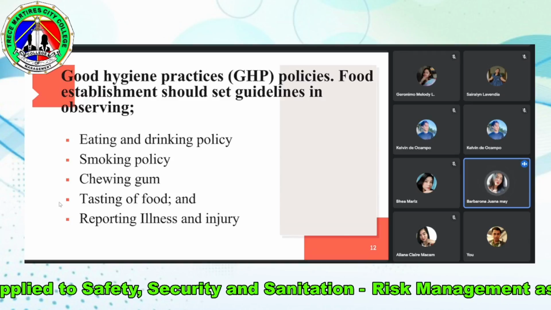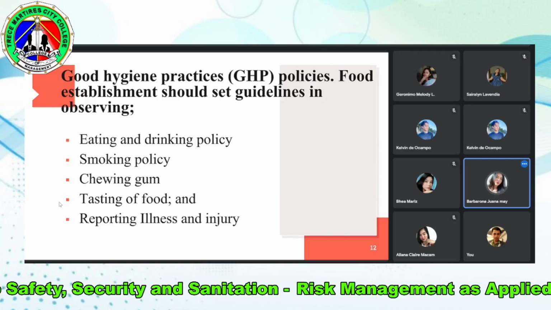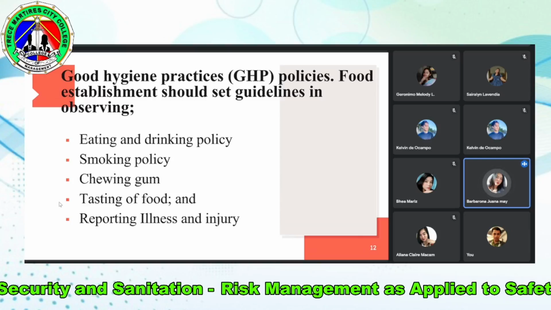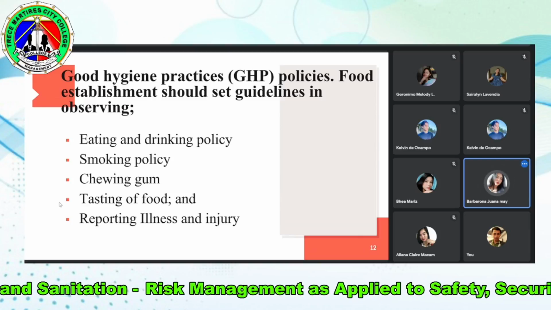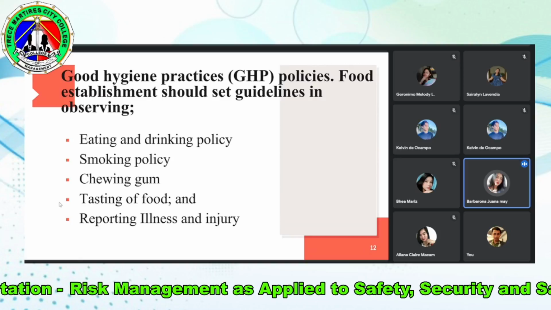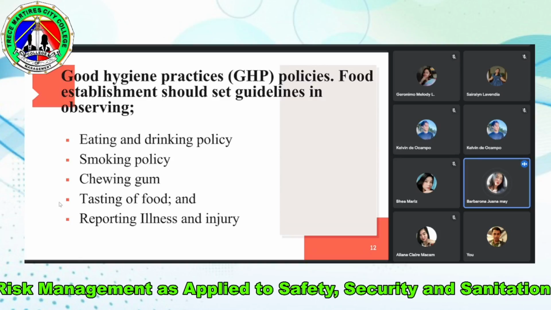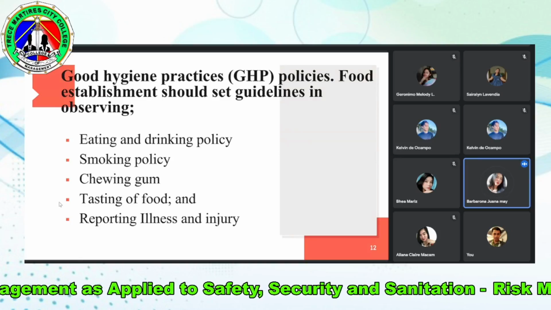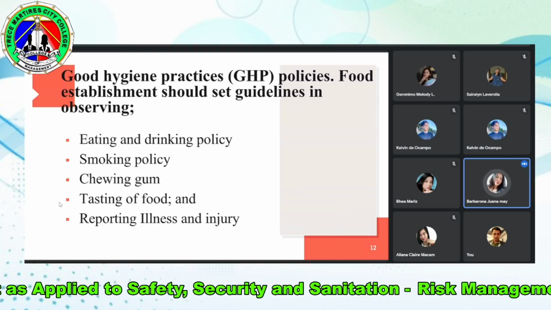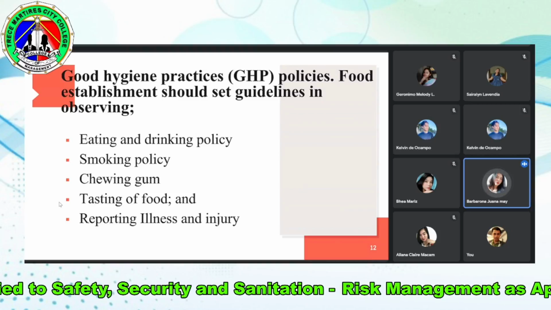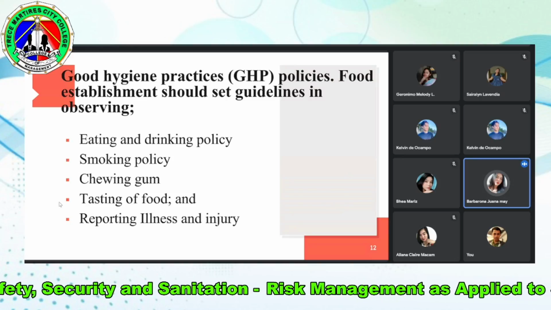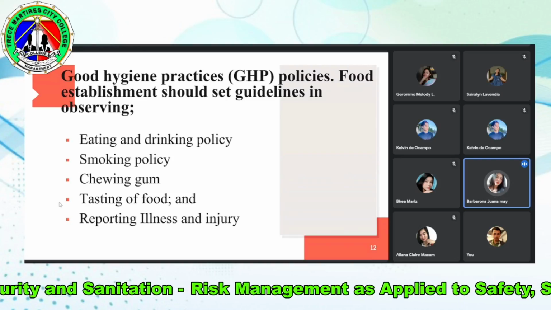So the next one is tasting of food. Dito naman po, kapag may mga cooking contest po, for example, titikman po yun ng mga judges or ng chef, syempre. The employee or cooker needs to prioritize or maintain sa pagbigay ng kanilang malinis na serving, lalo na sa pagkain.